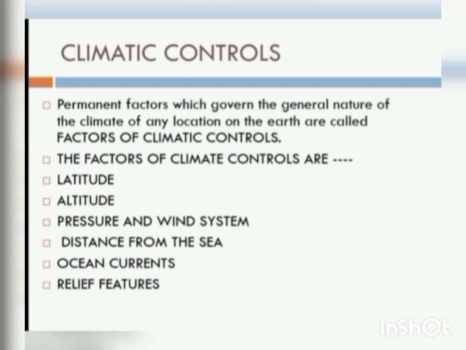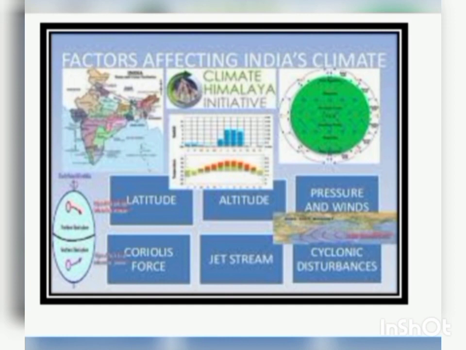They can also cause rain or snow if the place is on the windward side of the mountain. The leeward side of the mountain is relatively dry. As you can see, the Aravallis, which are parallel, also have rainfall on one side and are dry on the other side in Rajasthan.